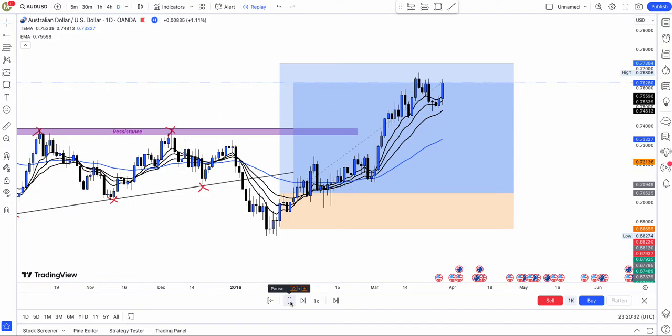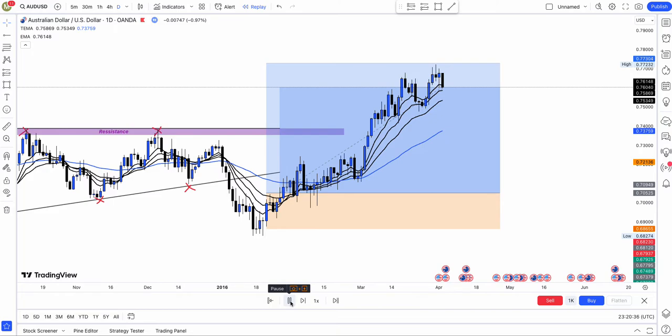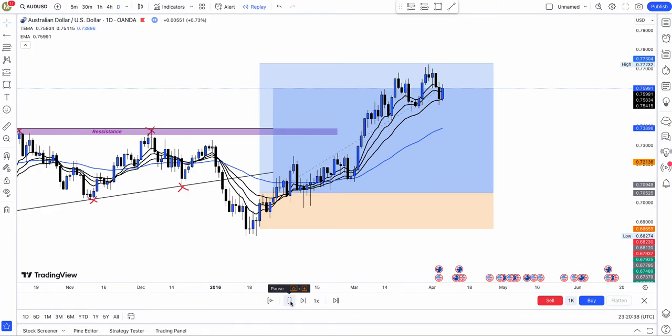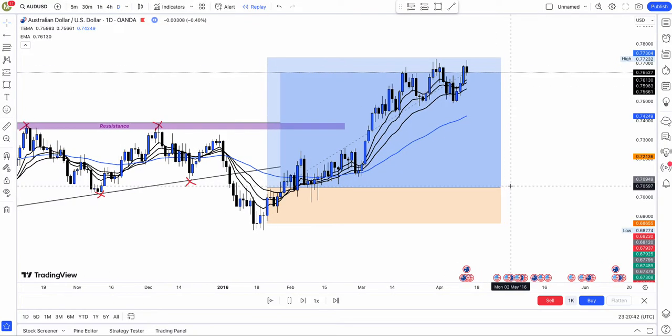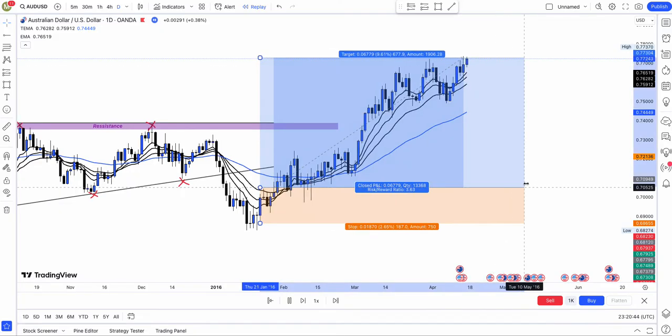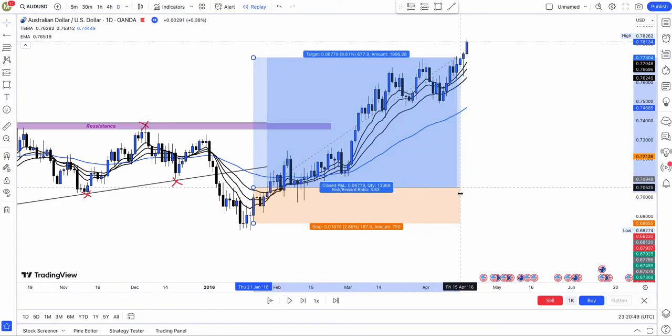We're just waiting and seeing how this plays out. And we won our trade right there.